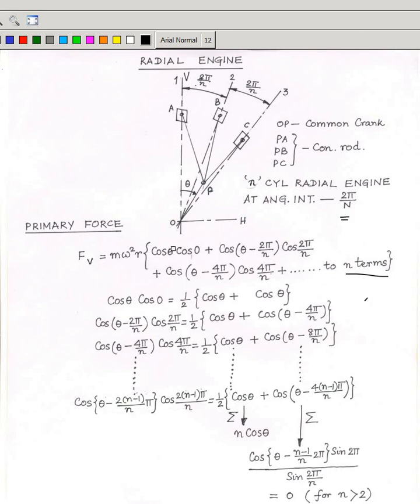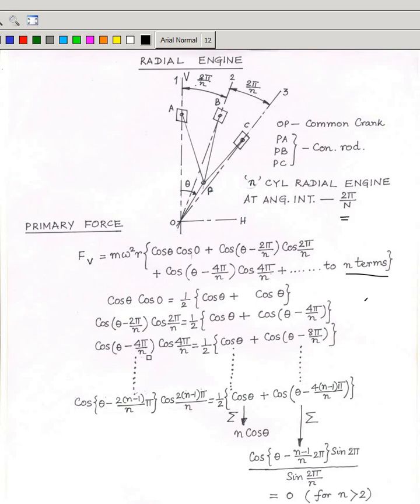Cos θ cos 0 can be written as half of cos θ plus cos θ. Cos(θ − 2π/n) cos 2π/n, this is cos a cos b, so this is half of cos(a + b) plus cos(a − b).